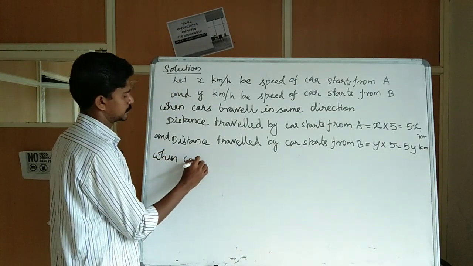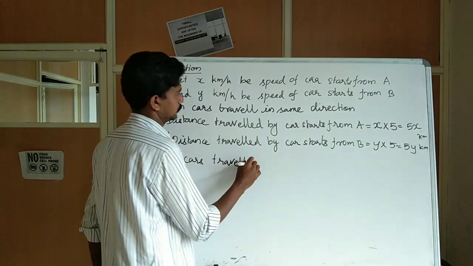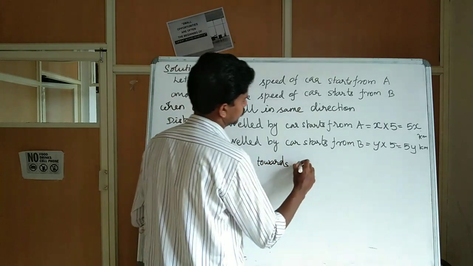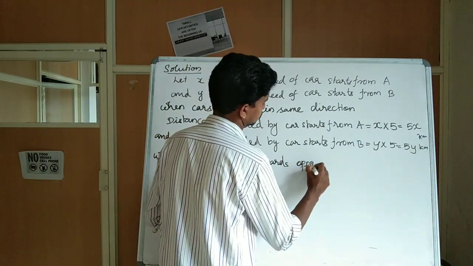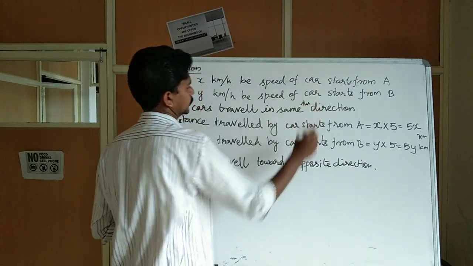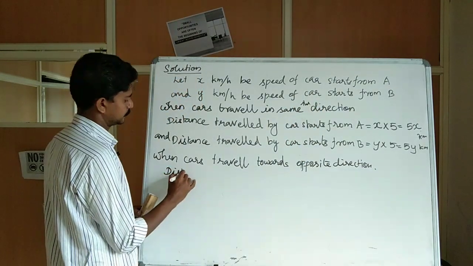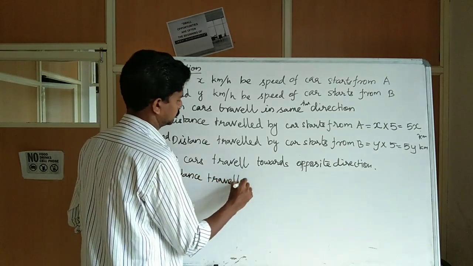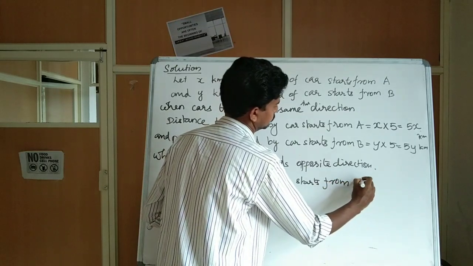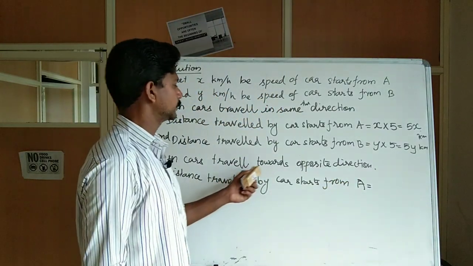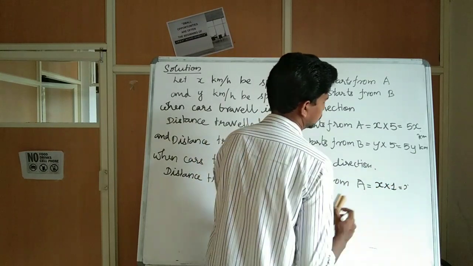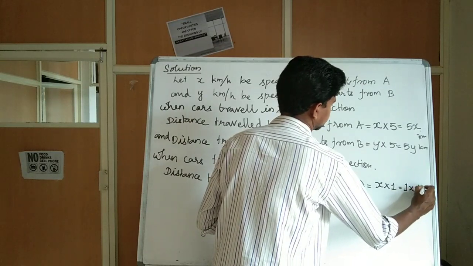So next, when cars travel in the opposite direction, the distance traveled by the car that starts from A is speed into time. The time is 1, so we can say 1x kilometer.